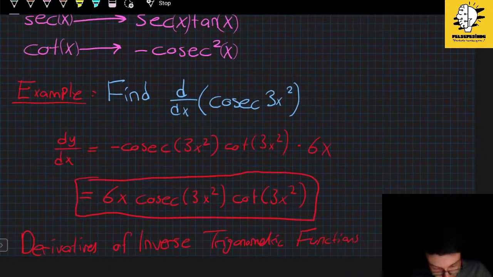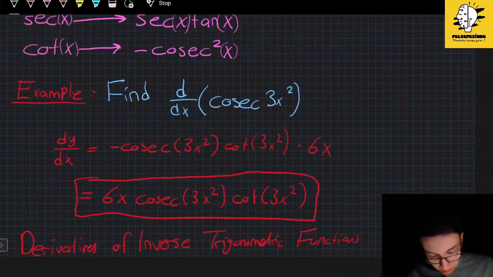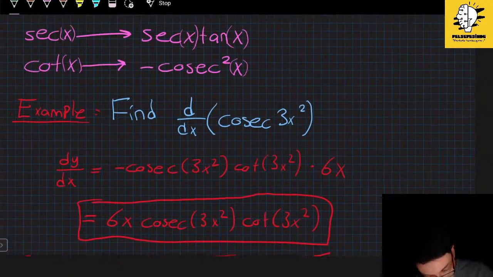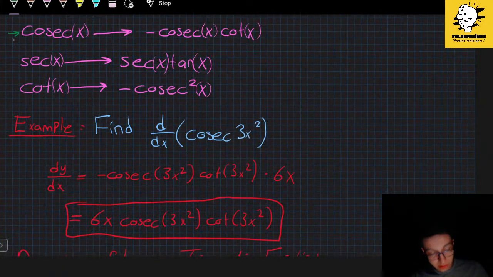So an example, just about this one. I tried to compile the forms, different forms. So find the derivative of cosec of 3x square. Let's see. The rule for cosec is actually over here. Let's have a look at it, imagining that we are using the data booklet.